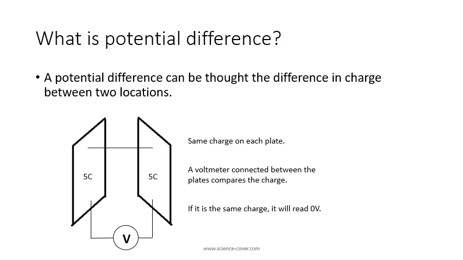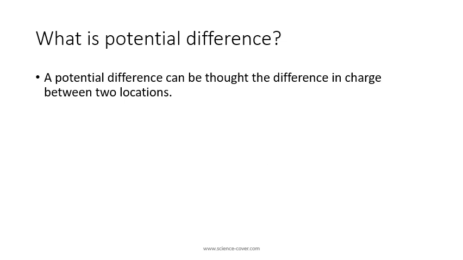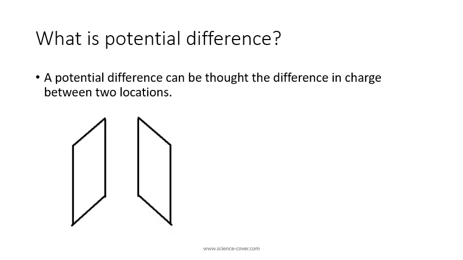If I place a wire between these two plates, then no current will flow as we have no potential difference and no charge difference between the plates. Now let us change the situation slightly and give one of the plates, let's say the right-hand plate, 10 coulombs of charge.